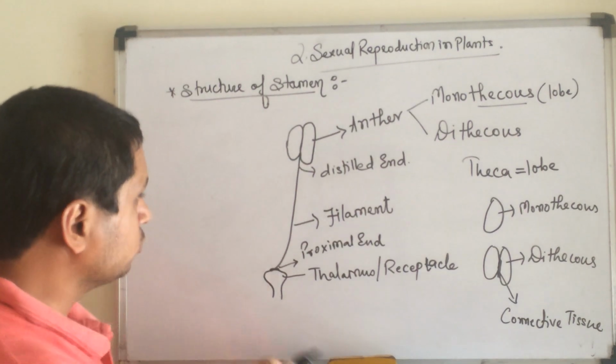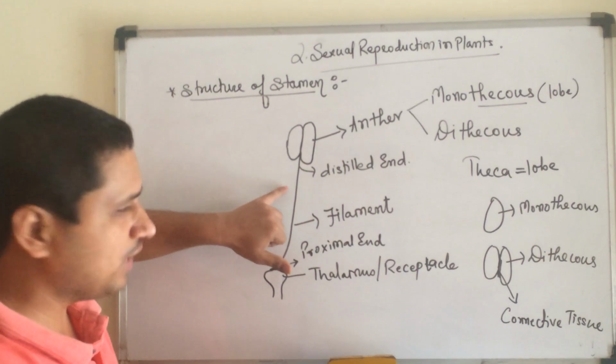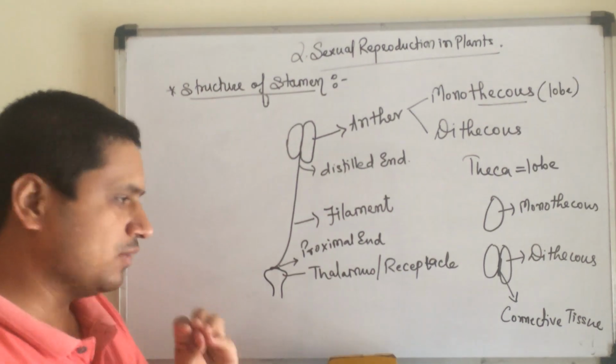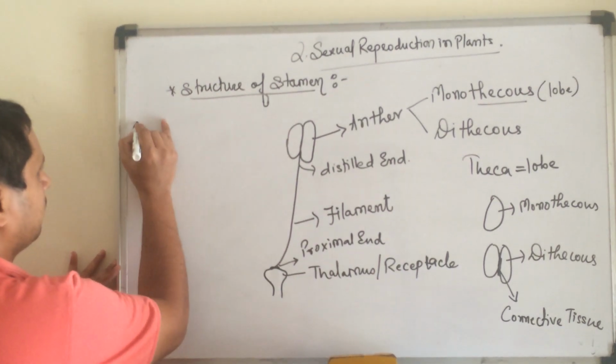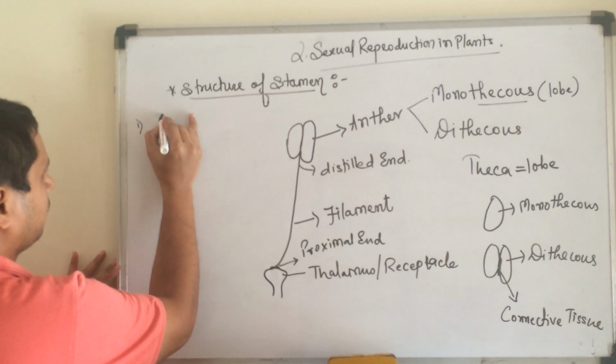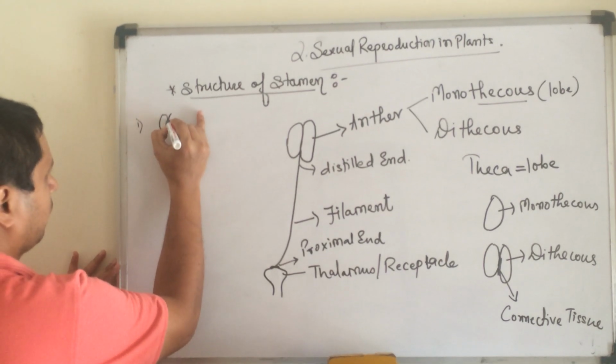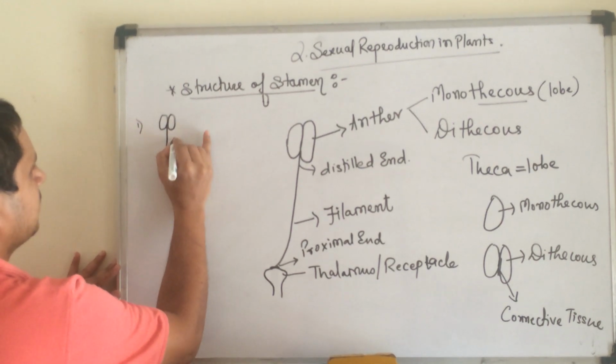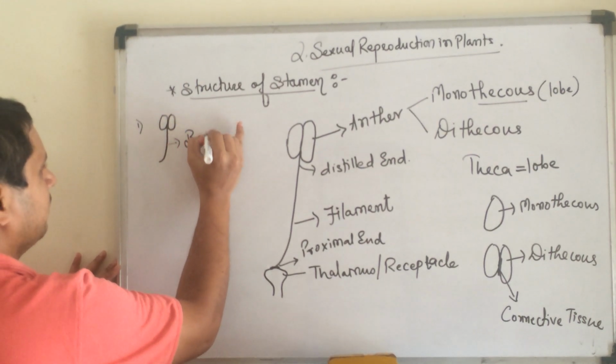Now, also based on the position of the filament, it has been classified into four types. The first one, starting from the base, is known as the basifixed.